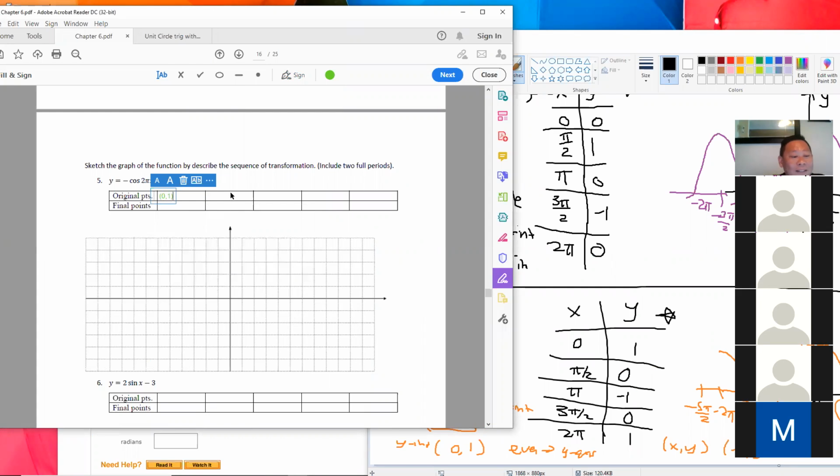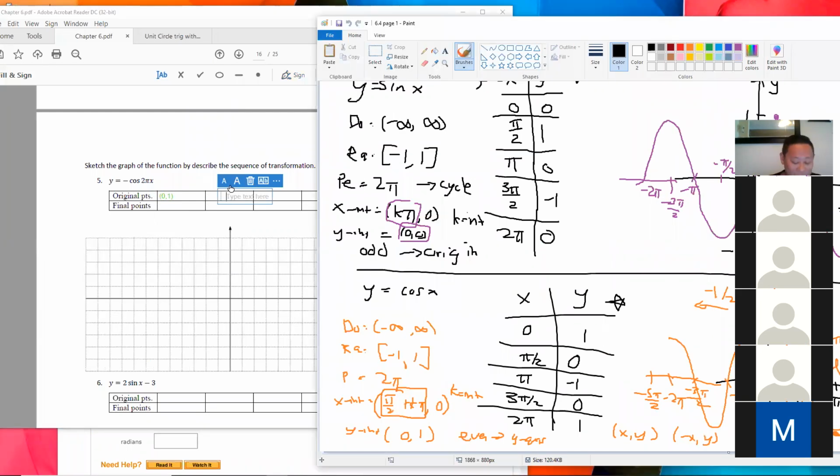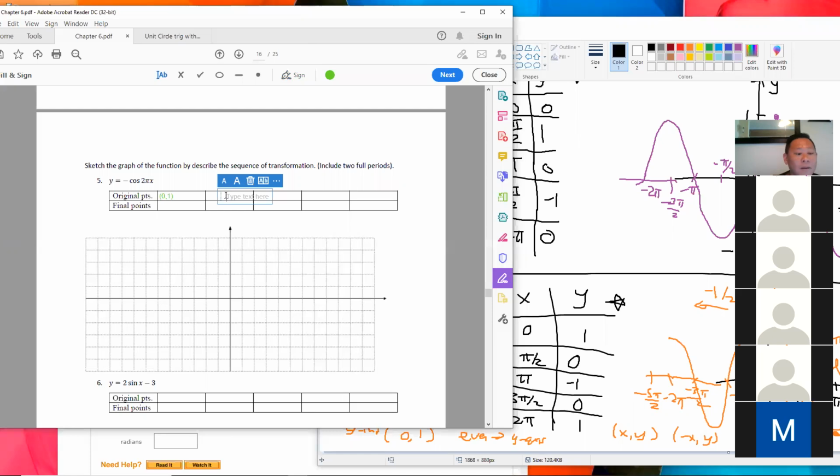You haven't seen the calculus part yet. This is just a trick. And then pi over 2, 0. And I'm going to tell you when you get to calculus, there is no formula provided to you either. This is not high school, so nothing is provided.